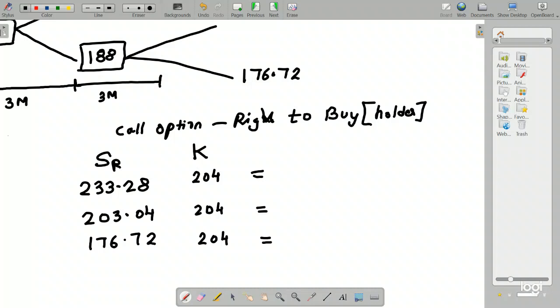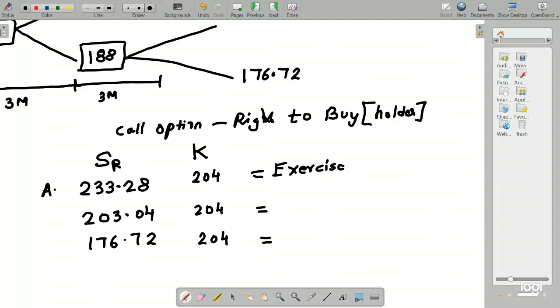So think about the first, we are discussing part A of it. Is it good for you to exercise this contract or not? You're going to say definitely, because you're going to buy through a contract, you're supposed to pay only 204. If you had not entered into a contract, you would end up paying 233.28, right? So you said yes, I want to exercise.